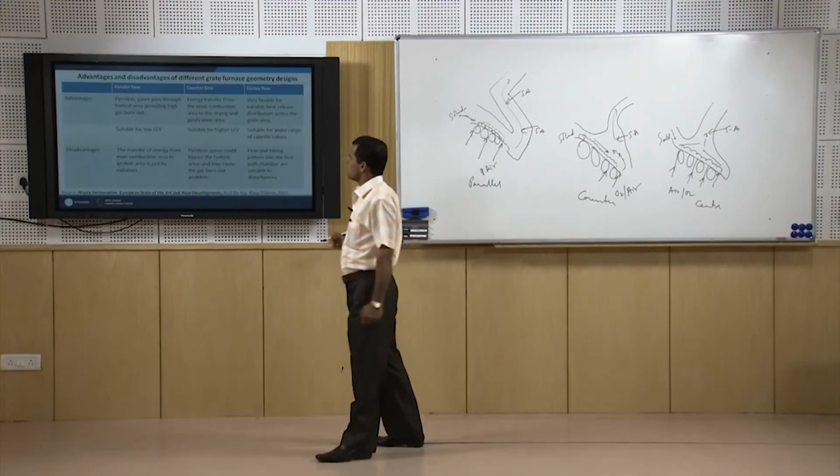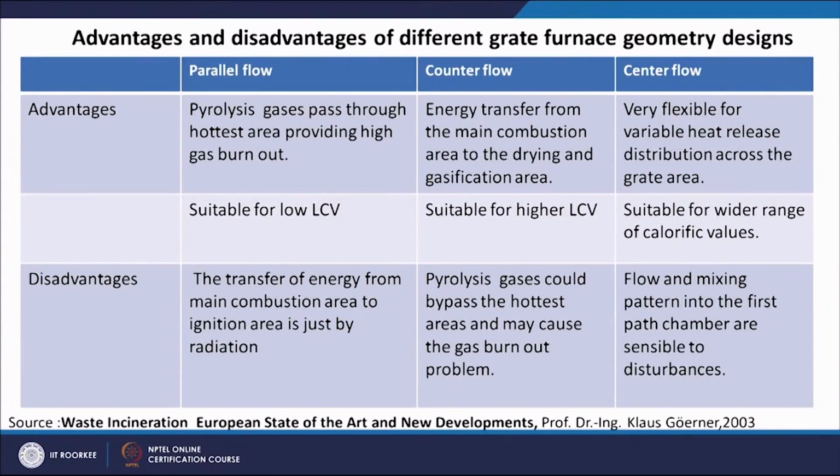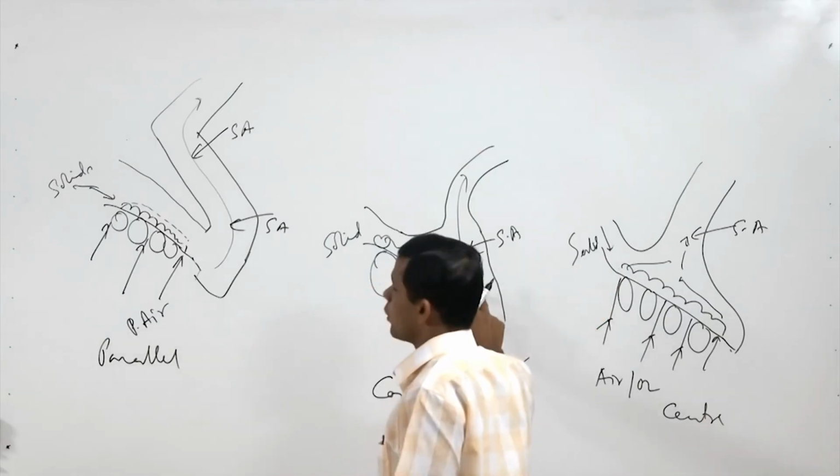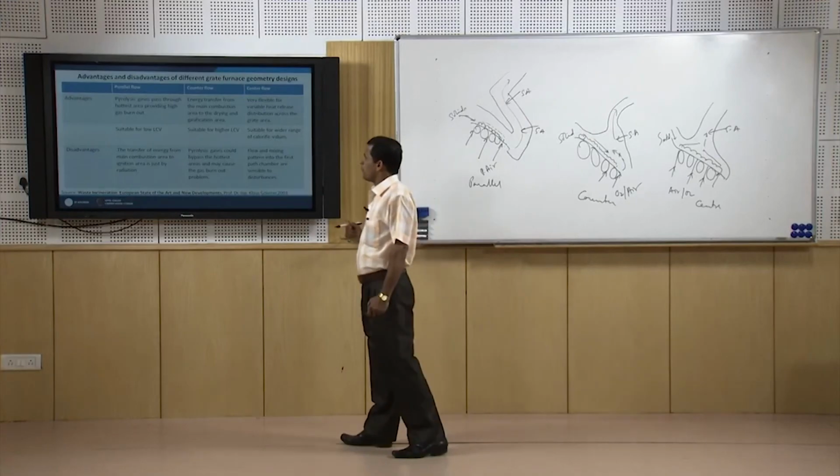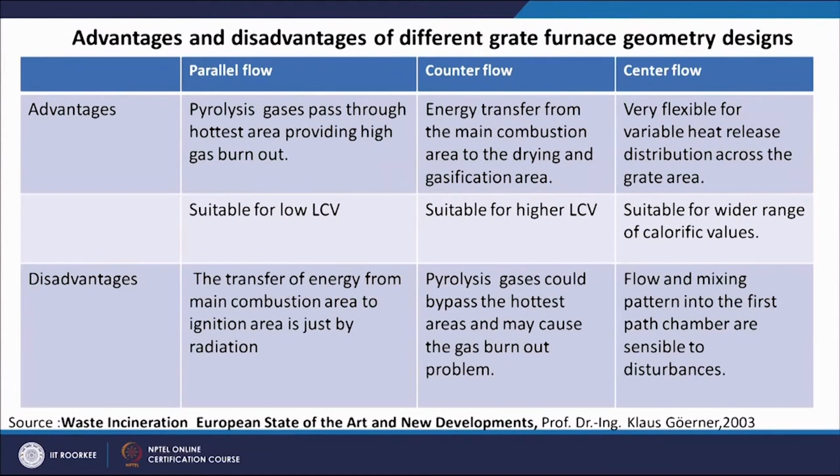Now, in parallel flow, pyrolysis gases pass through the hottest area providing high gas burnout. So, high gas burnout, and this is intermediate and low gas burnout. The parallel flow has a disadvantage: the transfer of energy from the main combustion area to the ignition area is just by radiation.